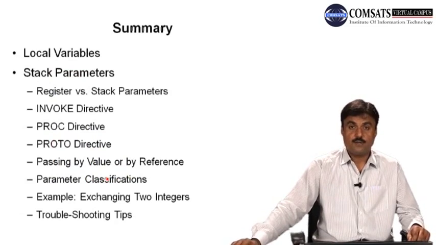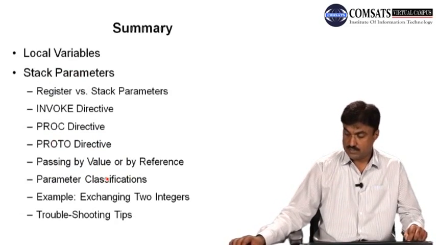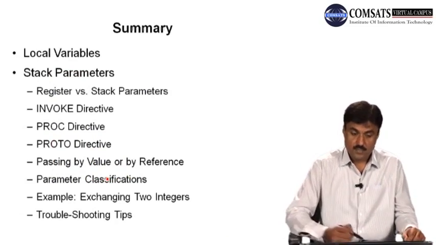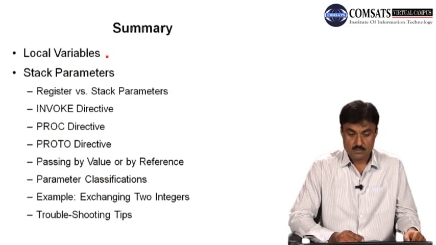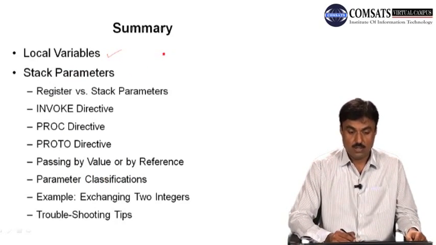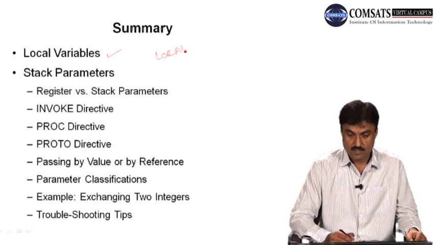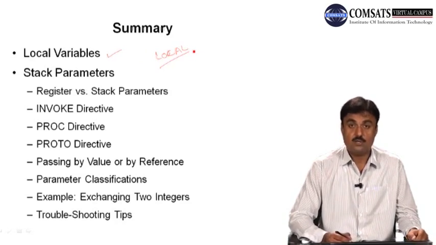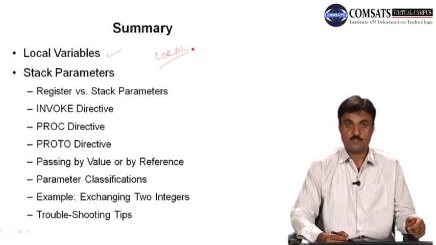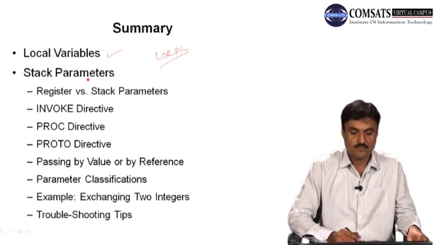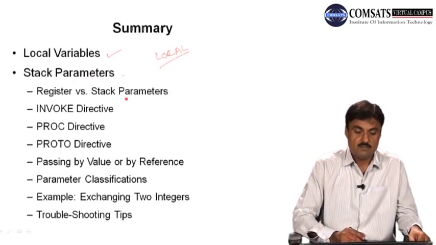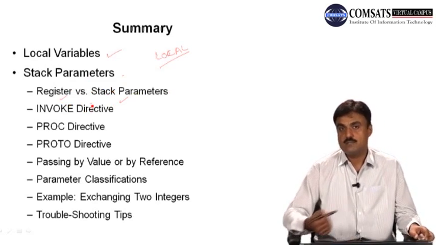So now we will summarize what we did in this lecture. In this lecture we discussed the local variables using the local directive, how you can use the local directive, and also in the end you saw that we can define our local variables without using the local directive. Then stack parameters: we can use either registers to pass parameters or arguments, or we can use the stack parameters.